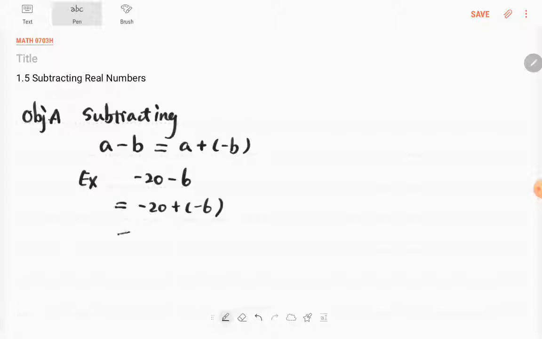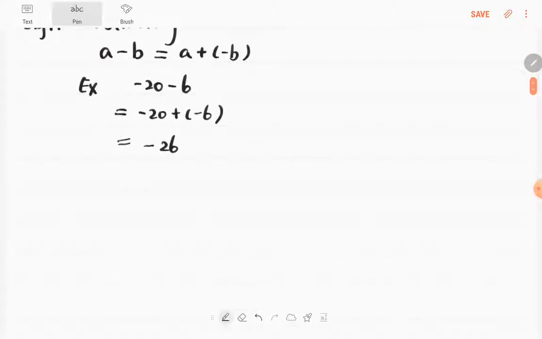Then we only need to do the addition with real numbers. These two numbers have the common sign, so I keep the negative sign. Then find the sum of the absolute values. So 20 plus 6, that will be 26. So the answer is negative 26.